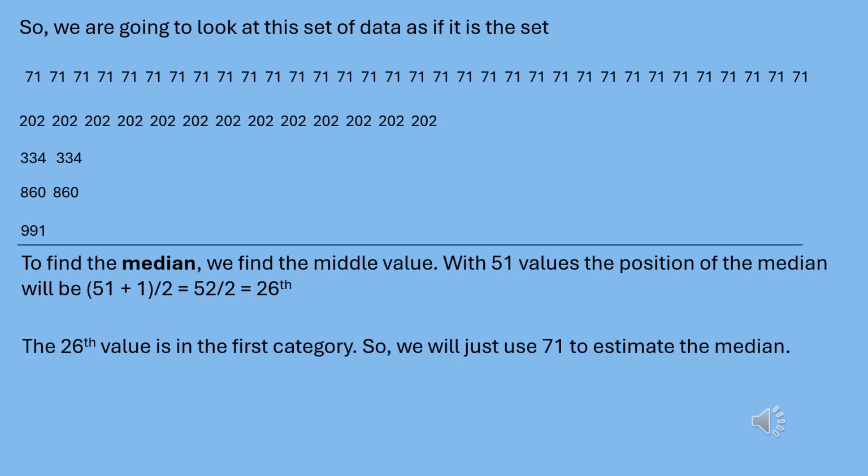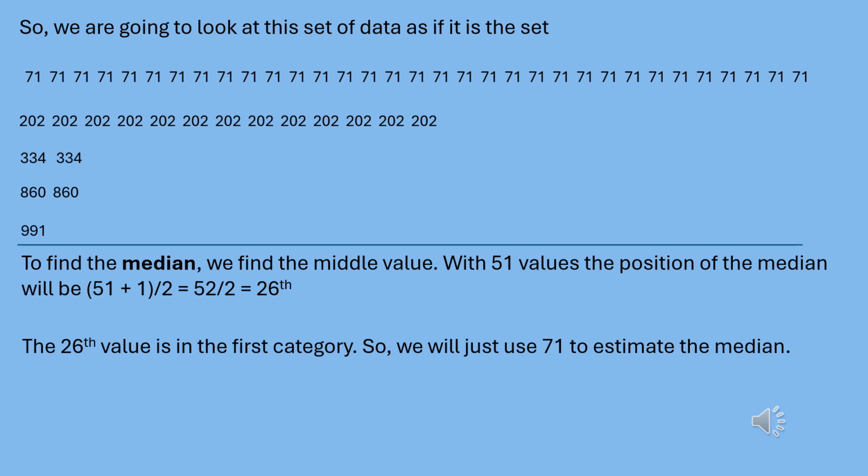Now, if we were going to estimate the median, that is the middle value. So you list the values from lowest to highest and you pick the one that's in the middle. So we're going to do that same thing with this data. It's just we have a lot of duplicates. If you have 51 values, the position of the median should be 51 plus 1 divided by 2, or 52 divided by 2, which is 26.